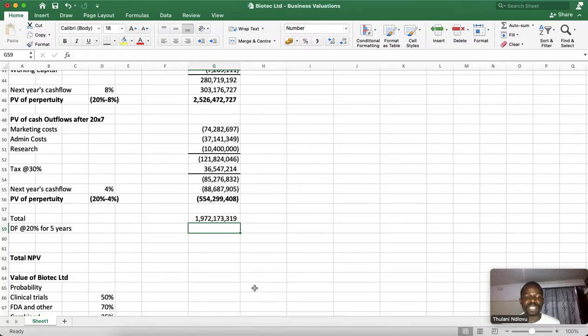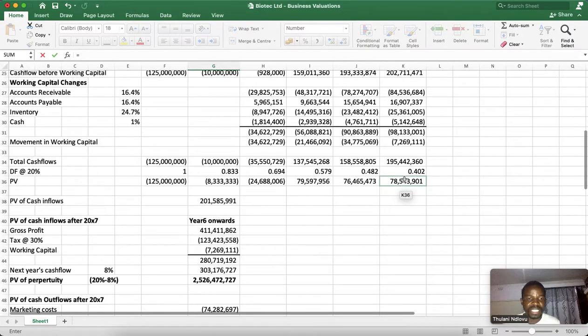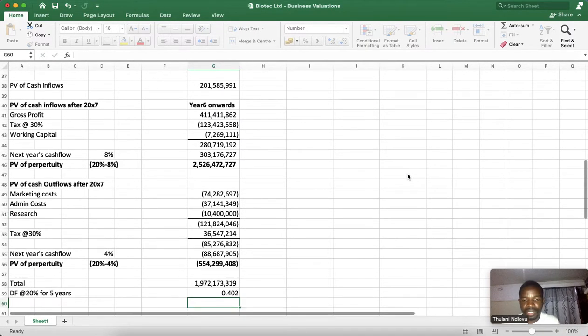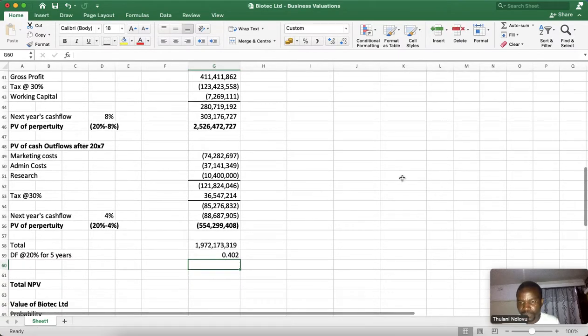Now, when we discount year 6, from year 6 we get a present value in the previous year, which is year 5. So now we have to discount this value for 5 years so that at least we get the present value in year 0 terms. So the present value for year 5, we have it here as 4.02. We put it there.